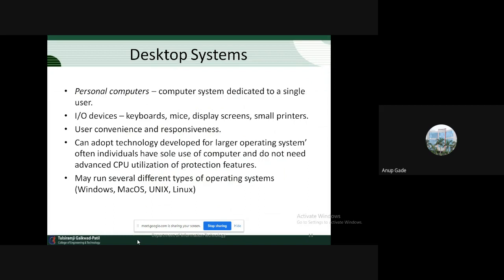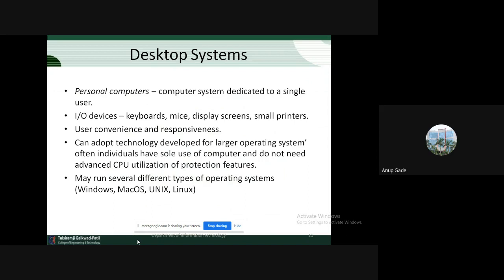The system is basically designed for a single user, and the main aim is convenience, that is ease of use and quick responsiveness, because a single user is not willing to wait much for a response from a system, and can adopt the technology developed for even a large operating system.